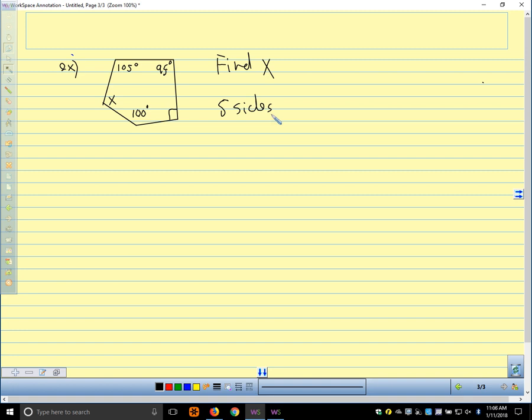What do all the interior angles add up to in a 5-sided shape, a pentagon? 540. If we don't remember that, we can say 5 minus 2 times 180 equals 540.